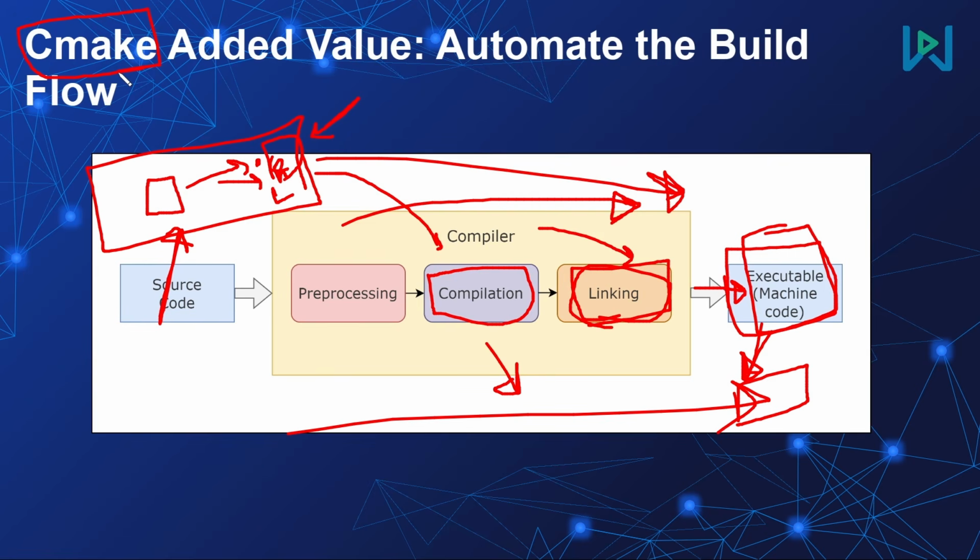So Make or Ninja or CMake, all those tools and build system generators are used mainly to automate the build flow of our project. And hence, we are abstracting to the user the way of building the different sources to generate the final binary.